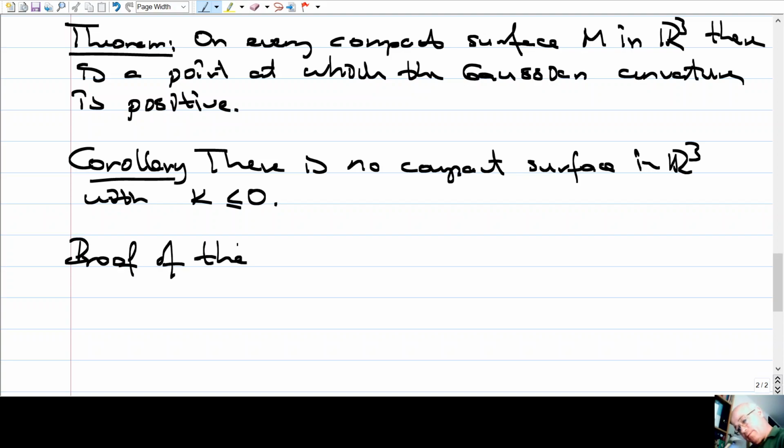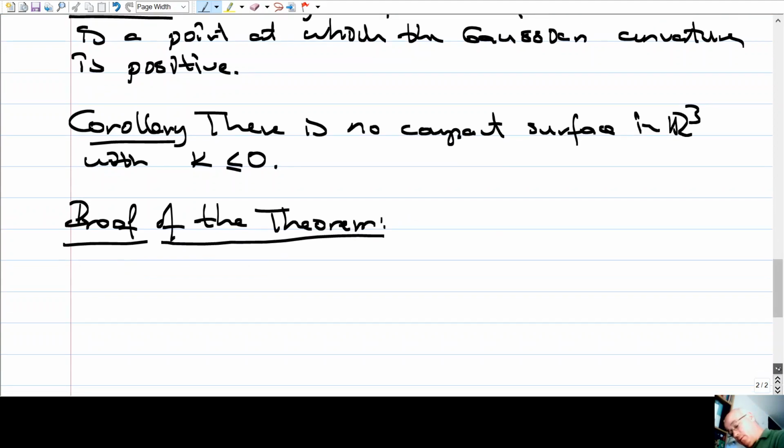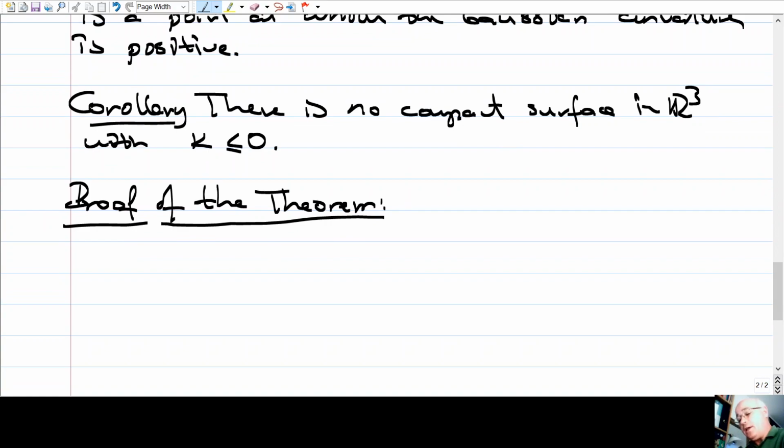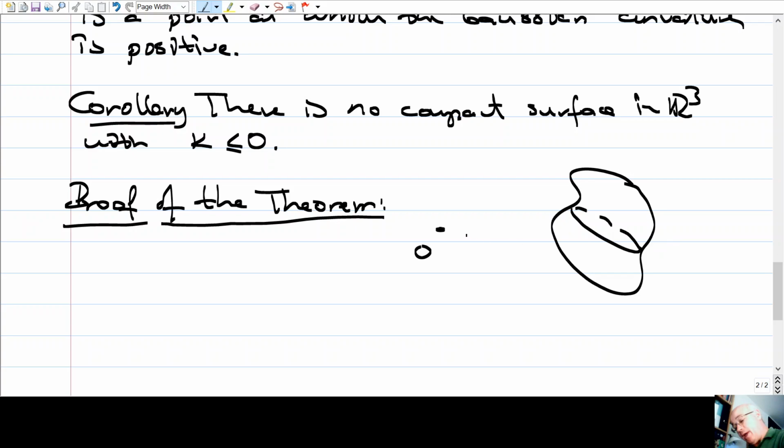Of the theorem. Well, the idea is very simple actually. Since this surface is compact, it is bounded. It's a surface like this. You measure the distance from a given point, let's say from the origin to this surface, and look at the maximum value of this function.